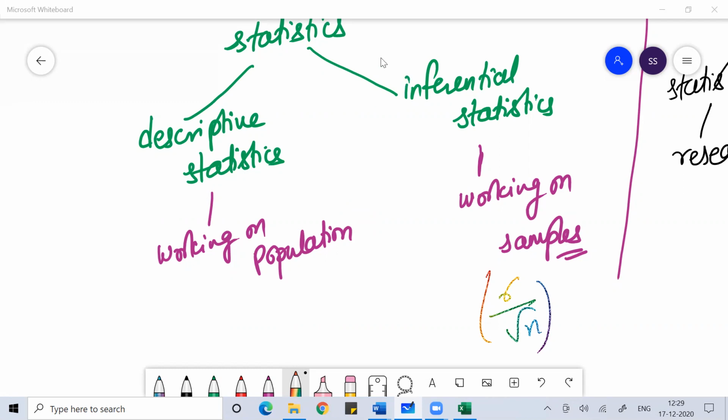Like if you are doing some research, like Ganesh got an assignment from his teacher that Ganesh has to find out the leaflet pattern of all the trees in Lal Bagh garden. Maybe Ganesh is a botany student, and he has to understand the leaflet pattern of the trees in Lal Bagh garden.